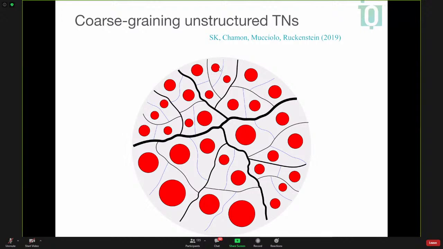Of course, this is problem dependent. We know it works well for random graphs and for random circuits. But the next question for the future is whether there is a particular contraction strategy best suited to a particular quantum algorithm that I want to simulate, or a particular type of quantum circuit. And that is totally open.